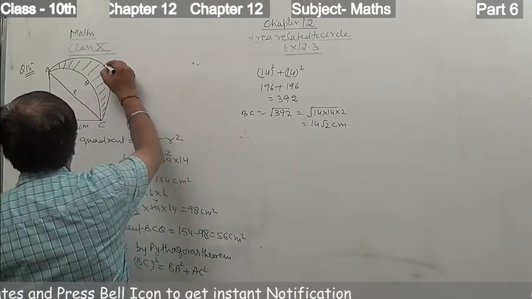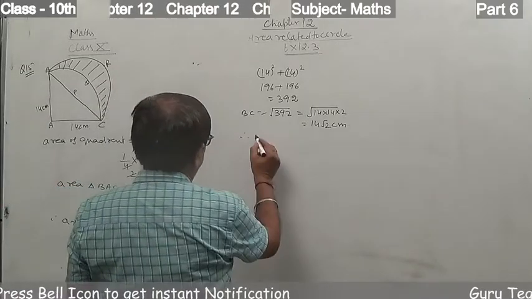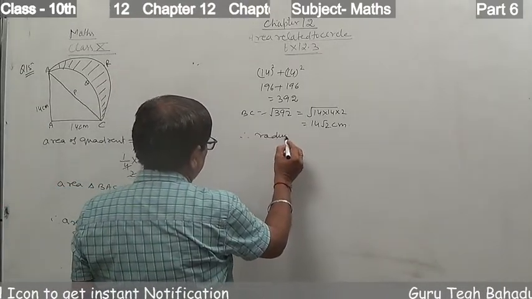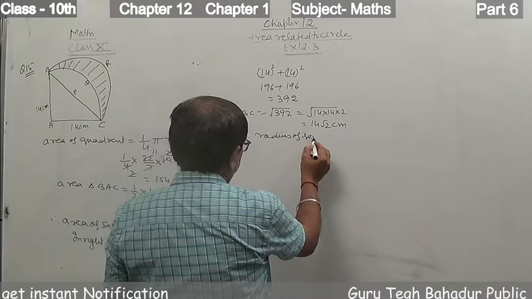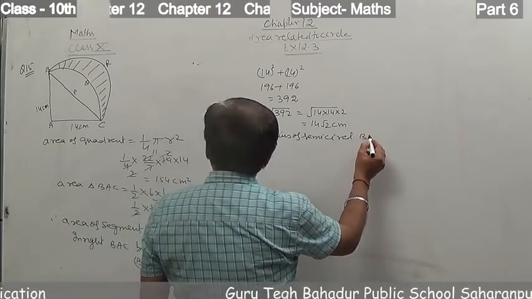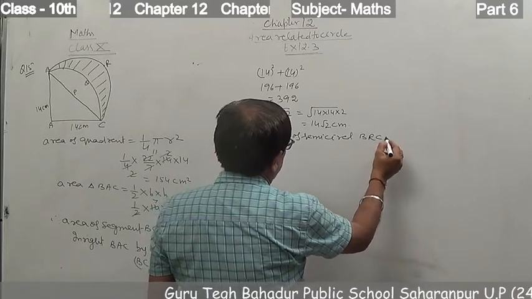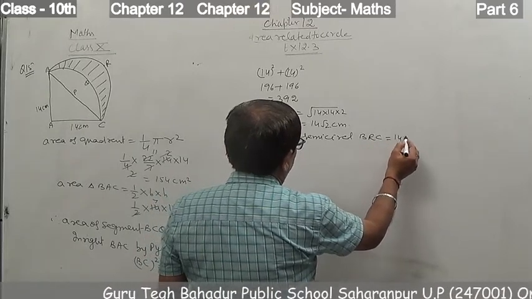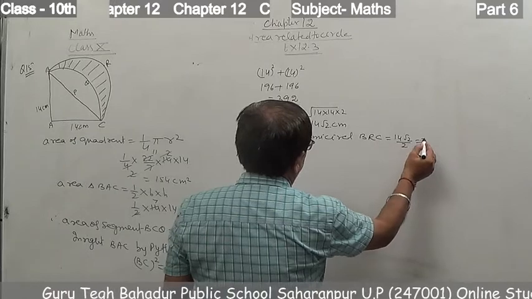So therefore this is point taking R, radius of semicircle BRC is 14 root 2 upon 2, that is 7 root 2.